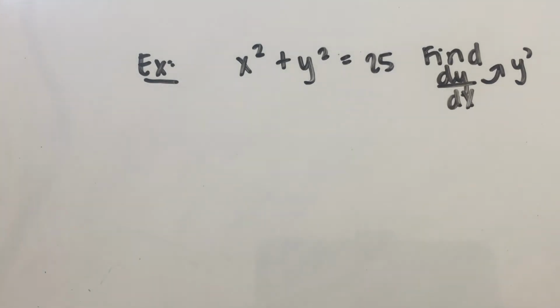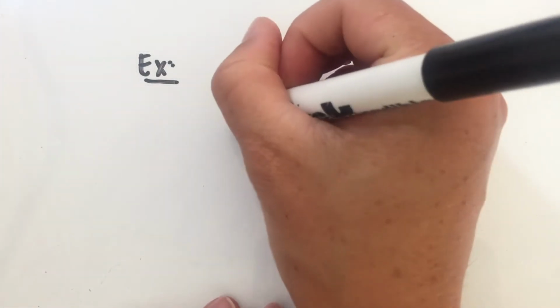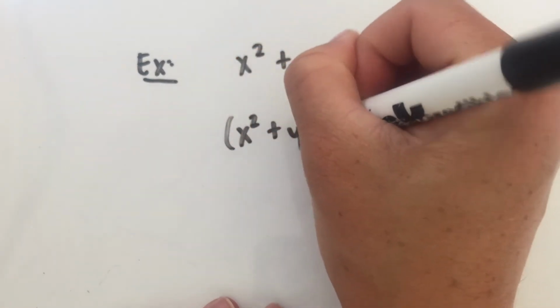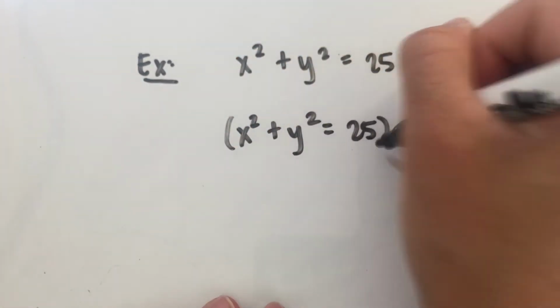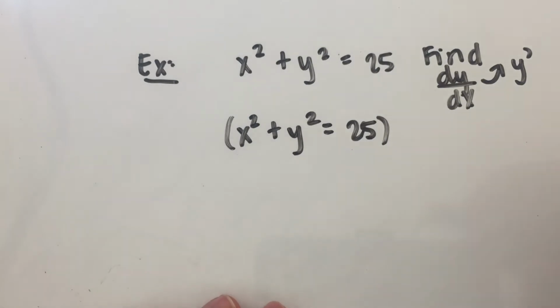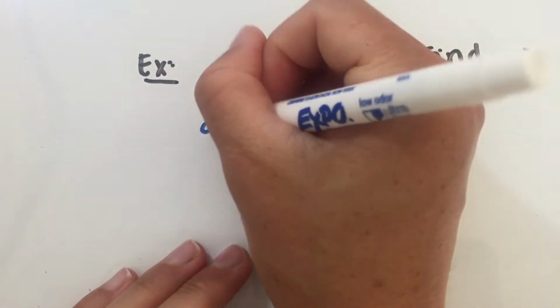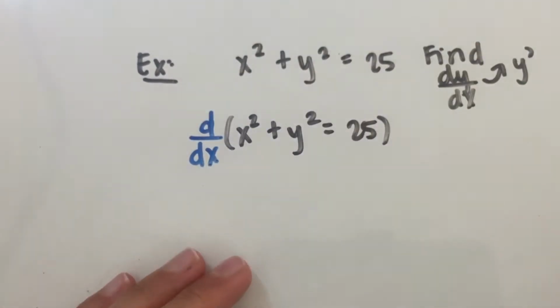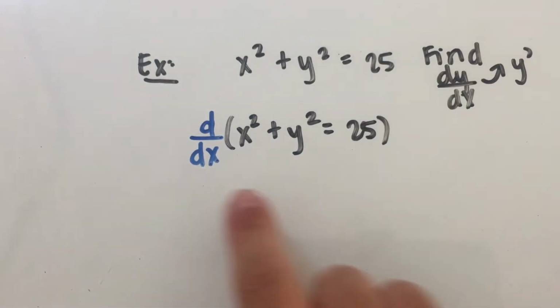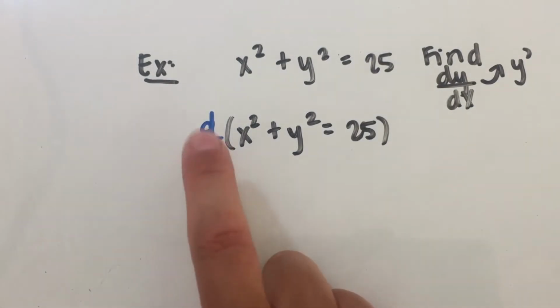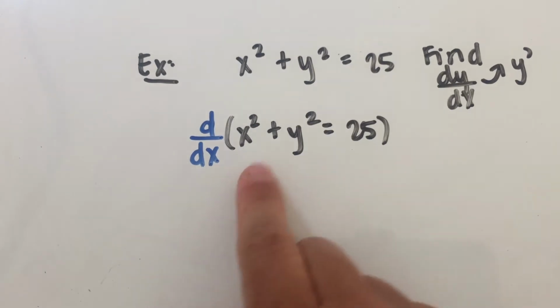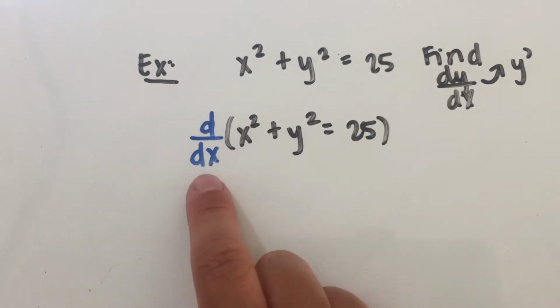First off, I'm going to take the derivative of this entire equation with respect to x, so I will put d over dx in front. And as we know, as a rule for derivatives, the derivative of a sum is the same as the derivative of each term and then adding them.